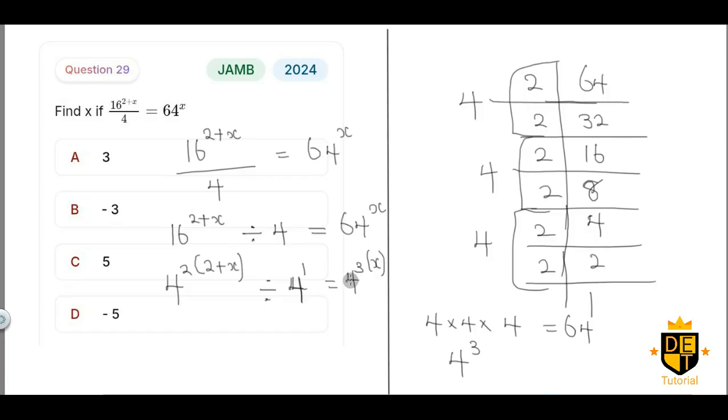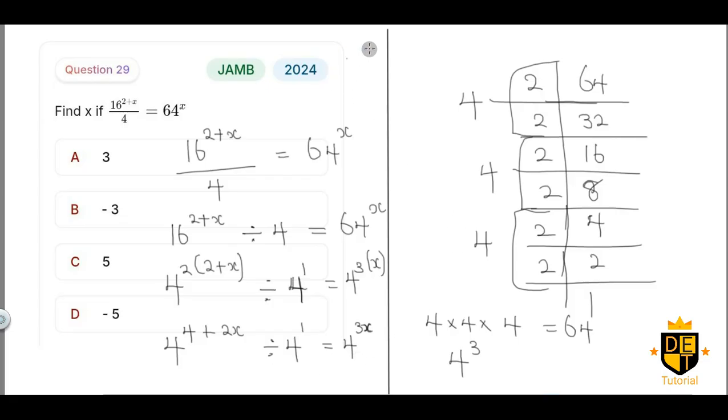So you have 4 raised to the power of 2, open bracket, 2 plus x, close bracket. To resolve this, 2 times 2 gives 4, plus 2 times x gives 2x, divided by 4 raised to the power of 1, equal to 4 raised to the power of 3 times x, which is 3x.